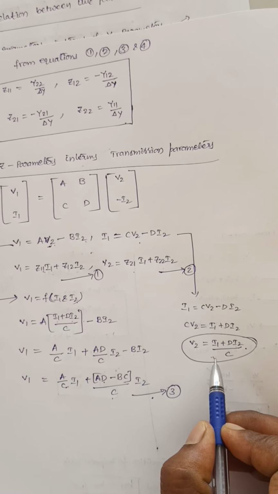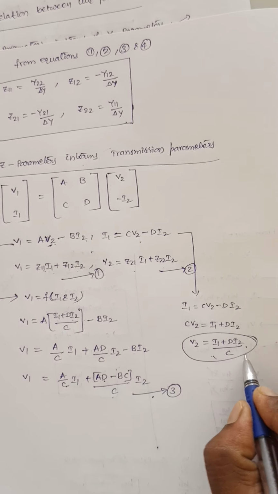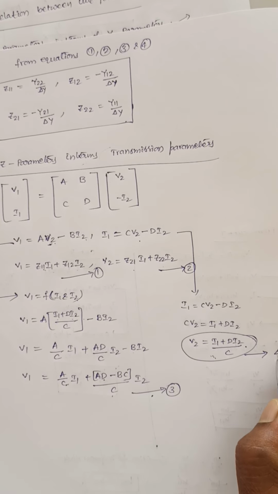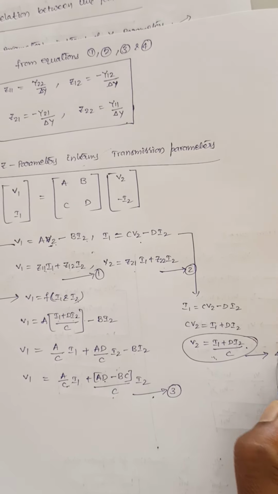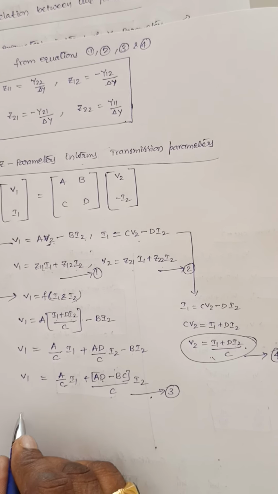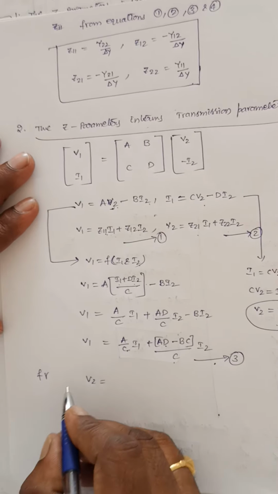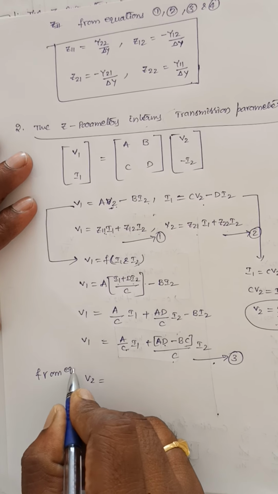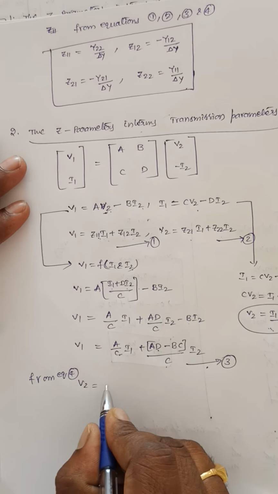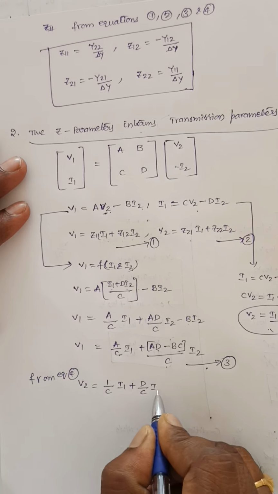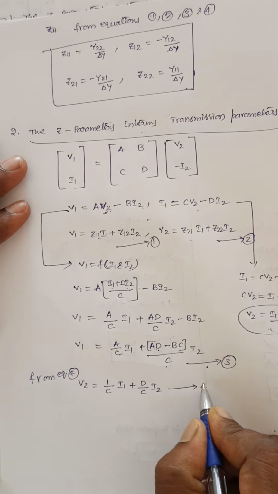Let us assume this is equation number 4. So from equation number 4, V2 is equal to 1 by C into I1 plus D by C into I2. It is the fourth equation. Okay.